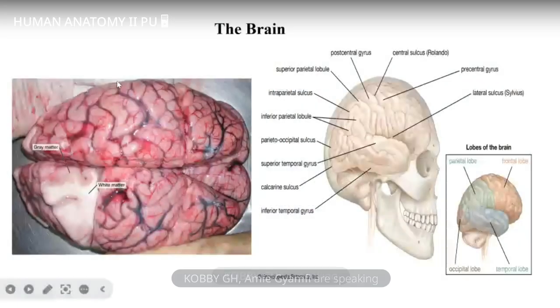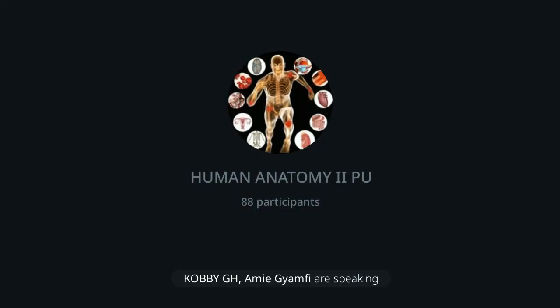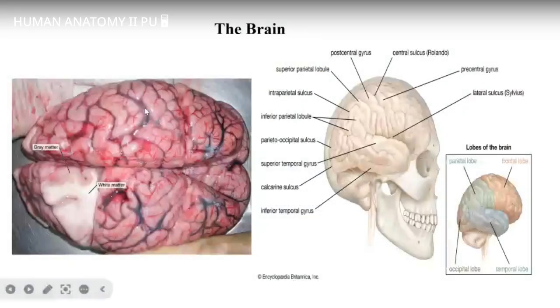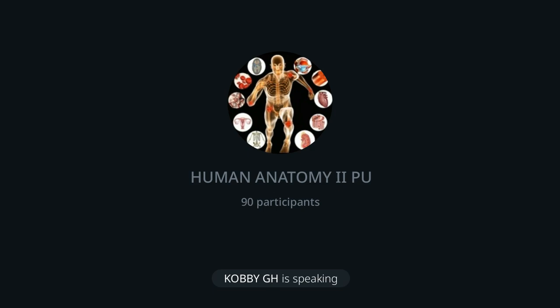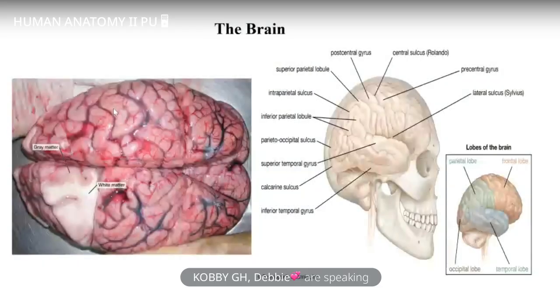So the area I'm pointing at is the sulcus. Okay, and the part I'm pointing now is the ridges, the gyri. Is that okay? Great.